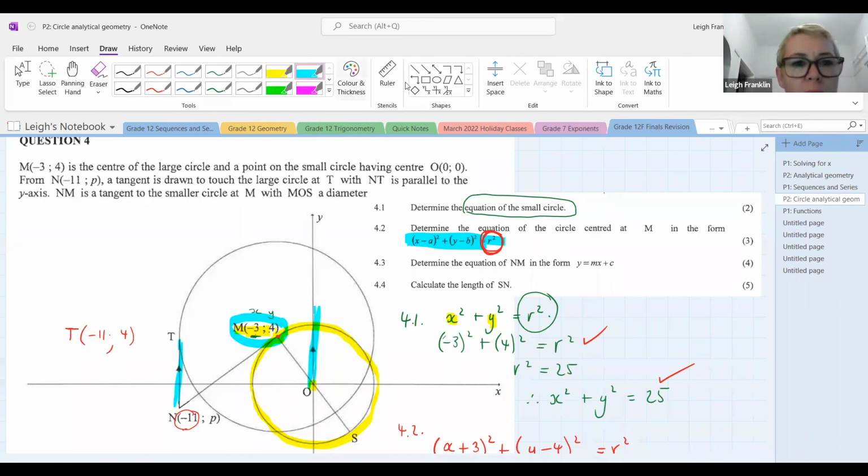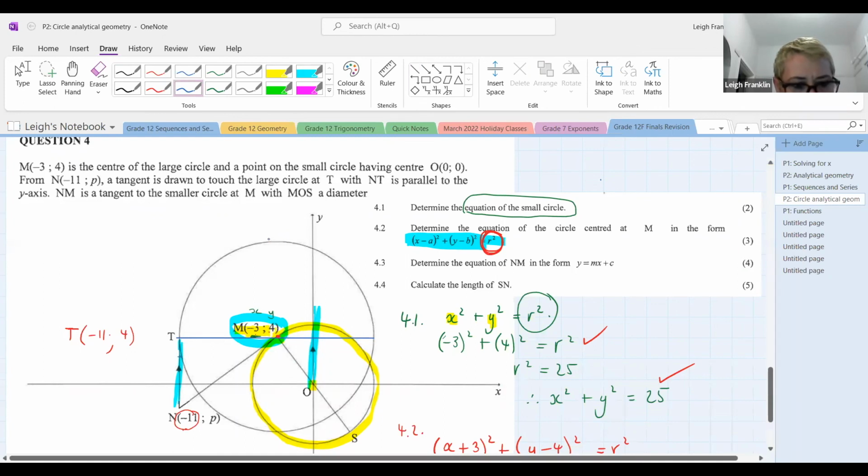If we were to draw a diameter, let's grab a different color, from T through M over there, because this line is parallel to the y-axis, it has to be at a right angle to the line coming through the center, because all tangents are perpendicular to the radii.